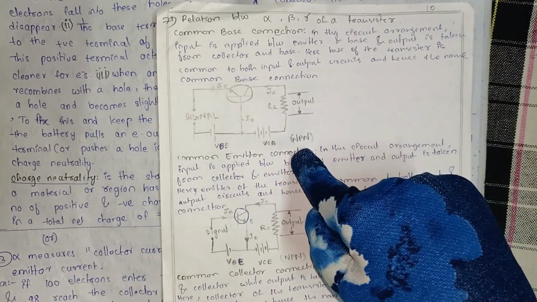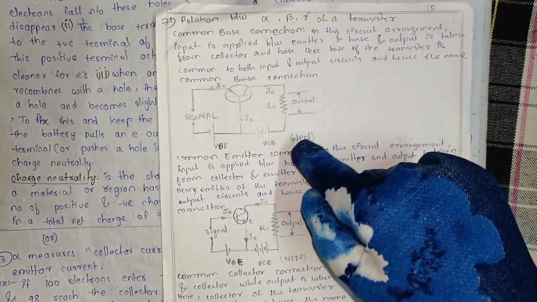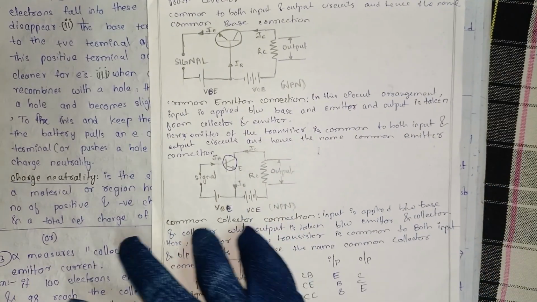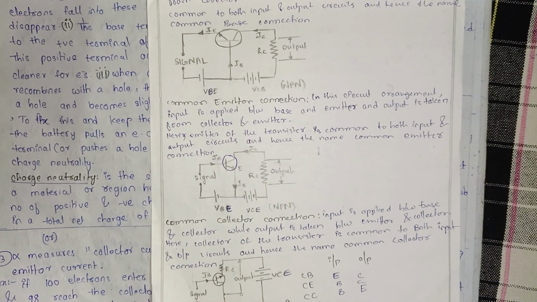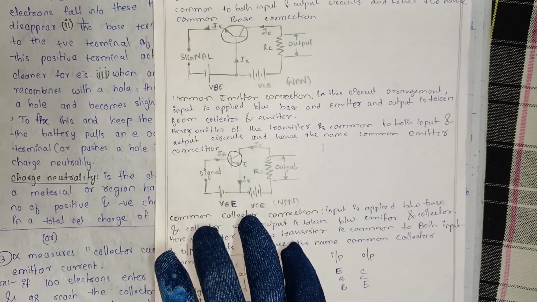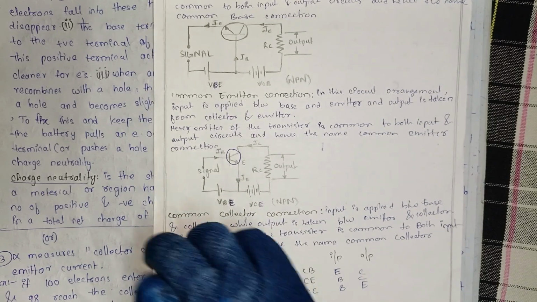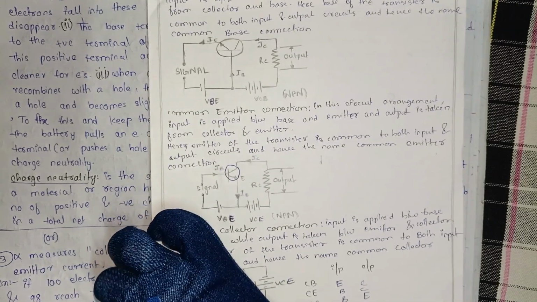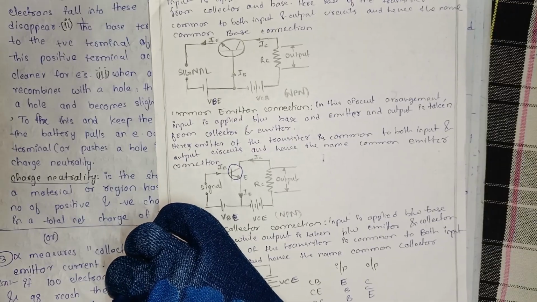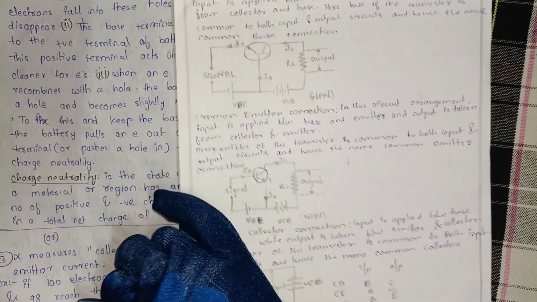The BJT is of type NPN. Okay, then we will see what are IC, IB, and IE currents.